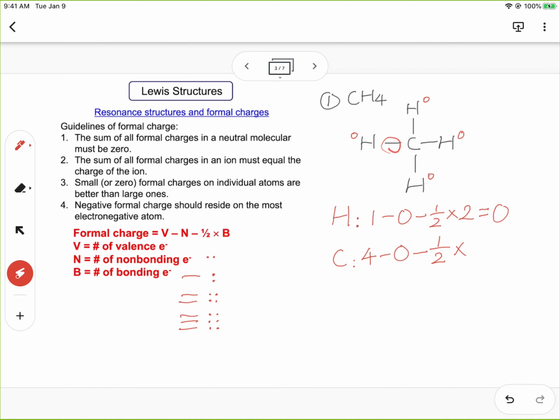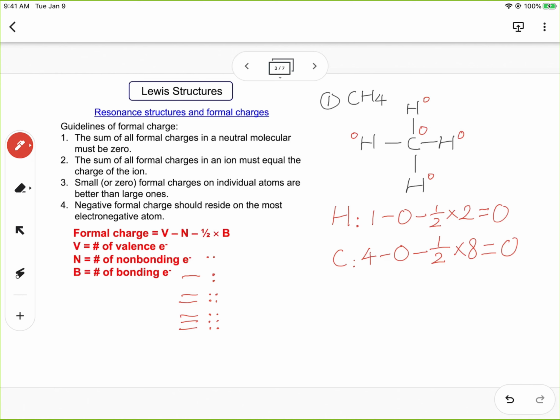You have 4 bonds around carbon, all single bonds, and single bonds represent 2 electrons, so in total carbon has 8 bonding electrons. The calculation shows the formal charge is also 0.